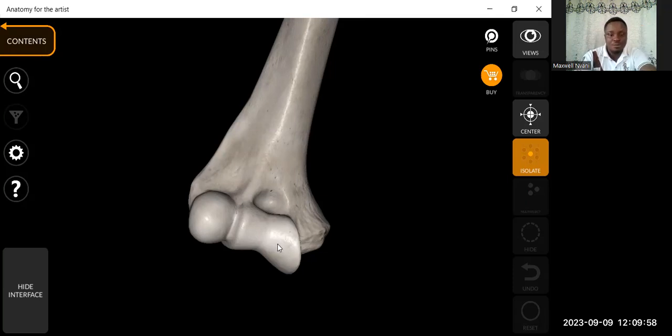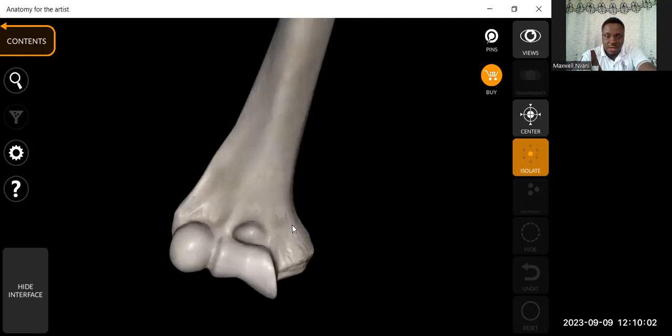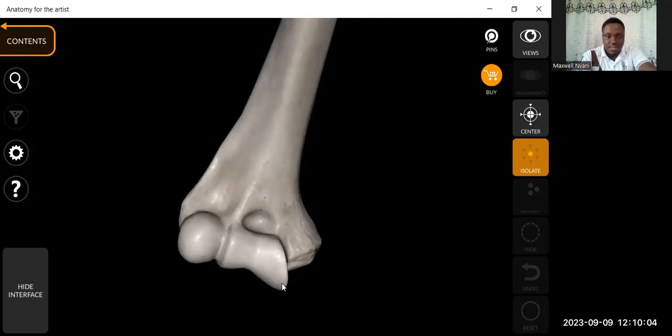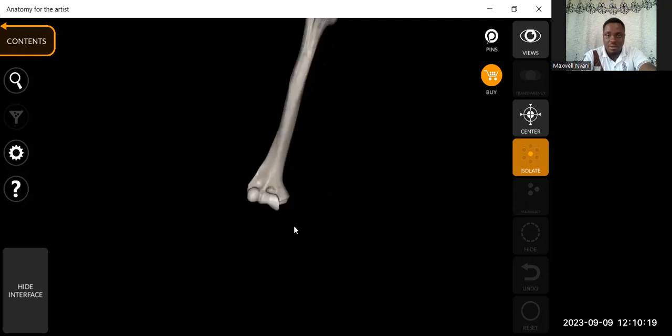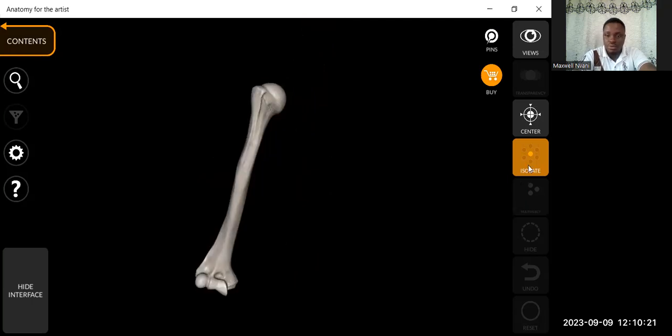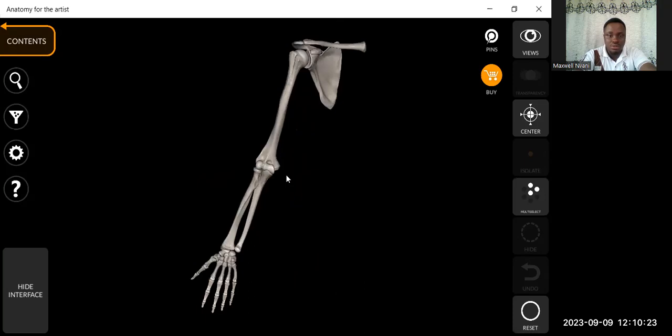Now this trochlea, you can appreciate that it has the medial edge. You can see that this medial edge proceeds inferiorly more than the capitulum. Let's use this now.